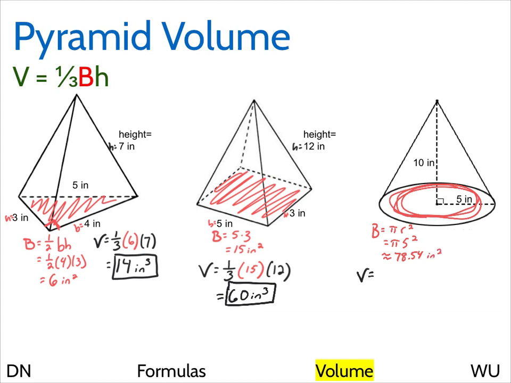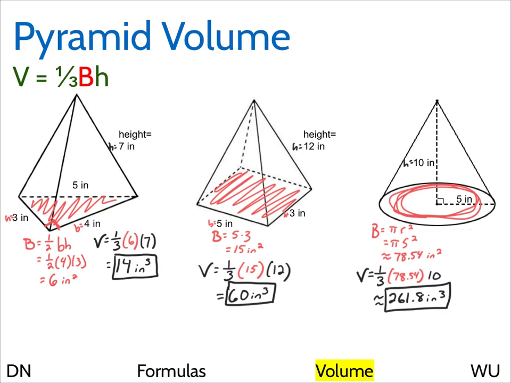So to find the volume, we're going to do 1/3 again, because it comes to a point, times 78.54 times the height of the prism itself, which is 10, and that gives us approximately 261.8 cubic inches.